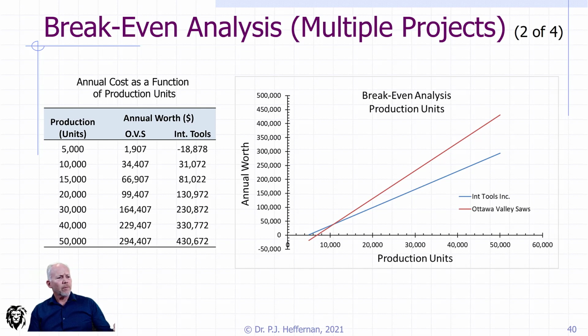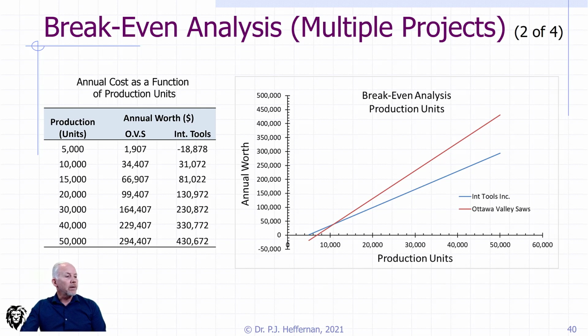What we see is, as we expected, the lower the production, the more favorable the low upfront cost is, whereas the higher the production, the per unit cost starts to dominate the valuation and the selection. We've graphed it out between 5,000 and 50,000 units and what the annual worth is.